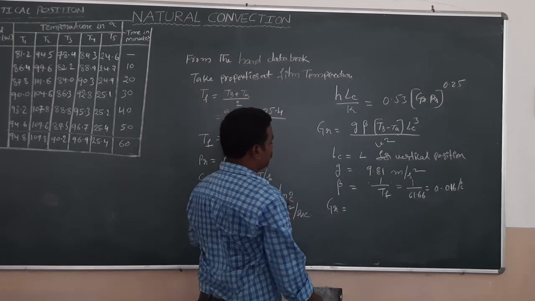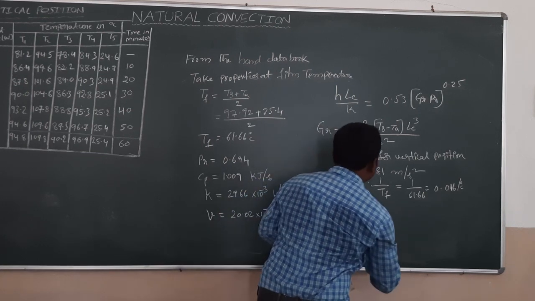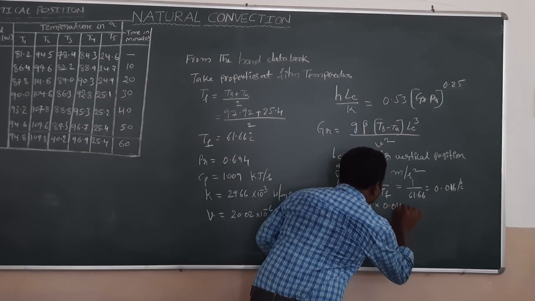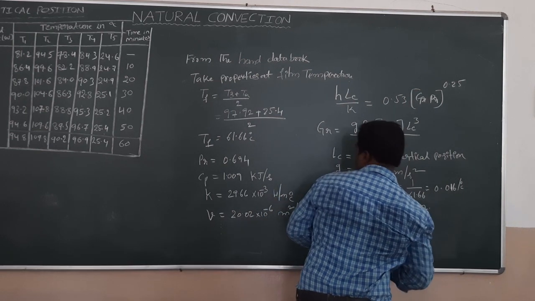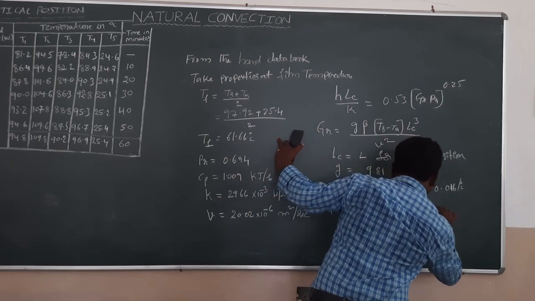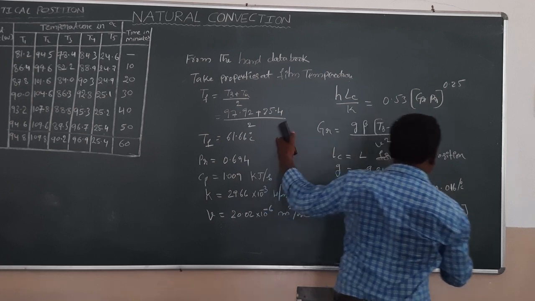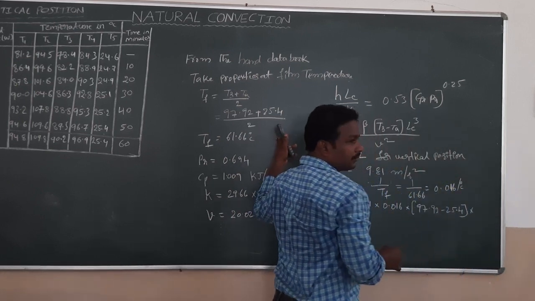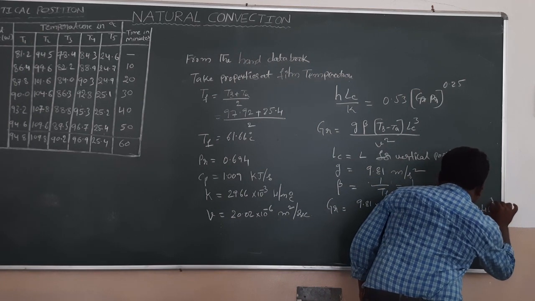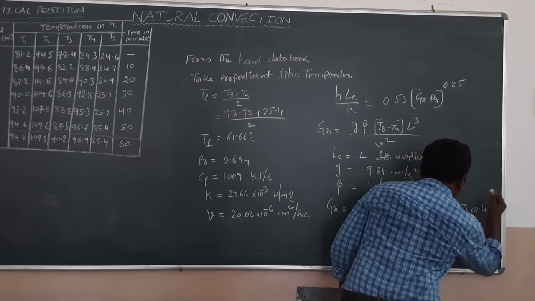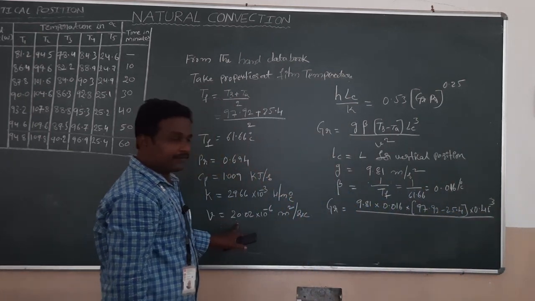Substitute the values of beta, g, L_c in this equation. Grashof number Gr equals 9.81 into 0.016 into temperature difference, 97.92 minus 25.4, into L_c cube, where L_c is the length of the tube, 0.45 meters, divided by the kinematic viscosity squared.